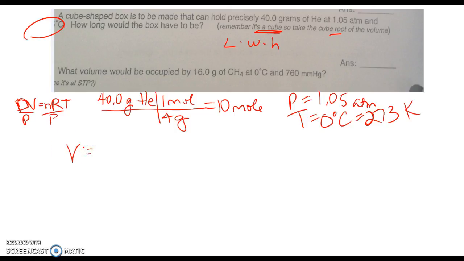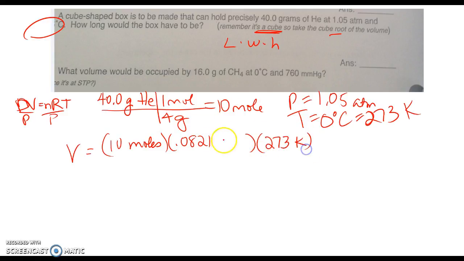Volume equals n, 10 moles, R, 0.0821, temperature, 273 K. Liters, atmospheres, mole, K. So the K and the mole drop, and I'm dividing by the pressure, 1.05.